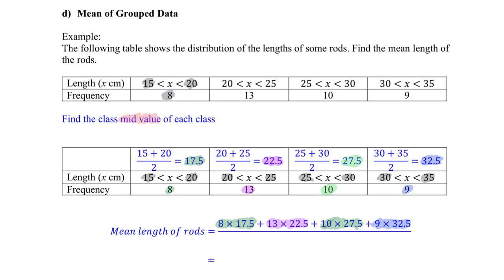And 8 plus 13 plus 10 plus 9 will give me the total number of rods. So take note, this one is the total number of rods. After which, you will get the final answer, 25 cm in this case.